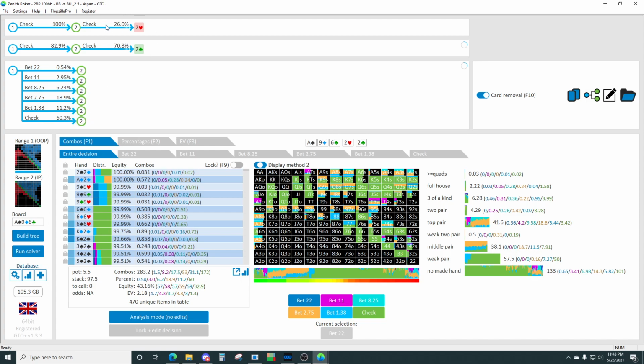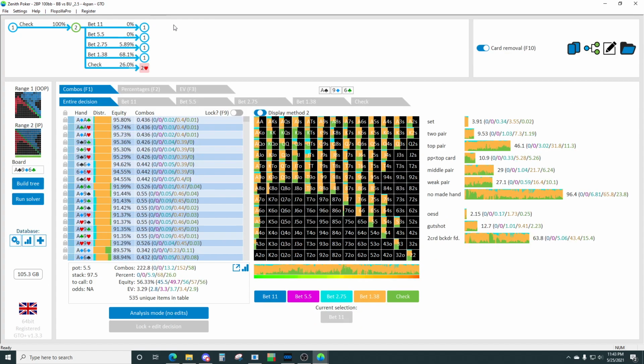Yeah, you can see on this very brick run out, this is about as brick of a run out as it gets. Pairing turns and rivers are unique in the sense that they don't improve either player's air.